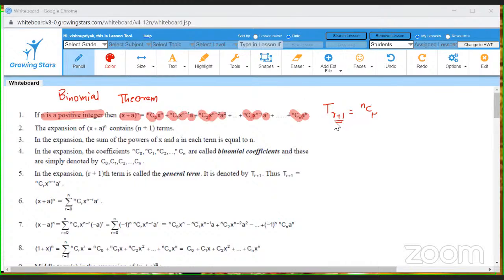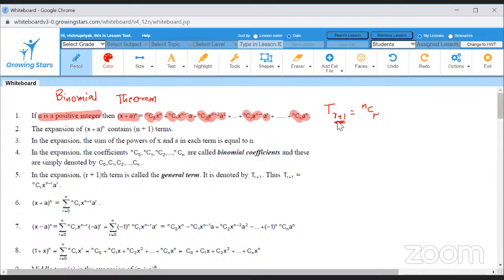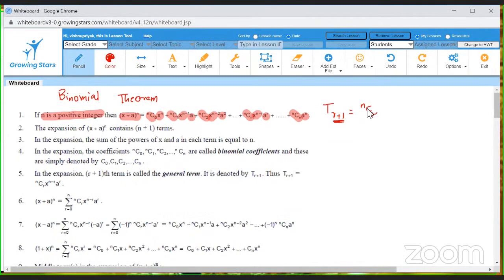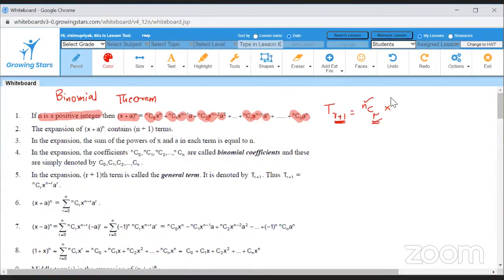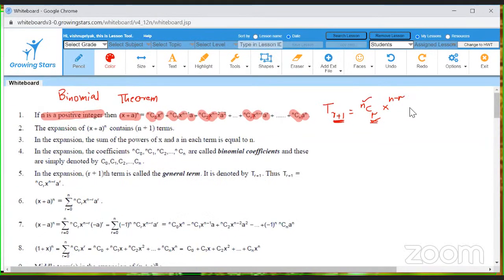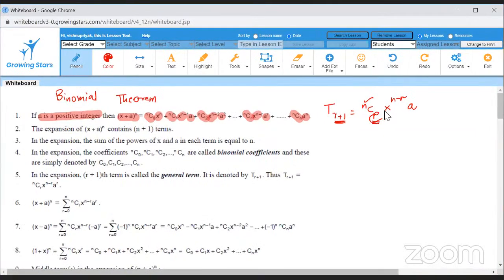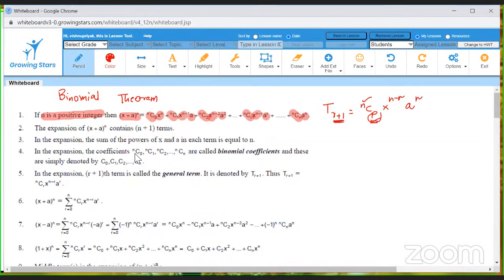So if you want to find any term T(r plus 1), you have to take NCr, 1 less than r plus 1. After that, x power will be n minus r, and then a power will be r. Like this you can remember. Then you can write any term in the expansion.